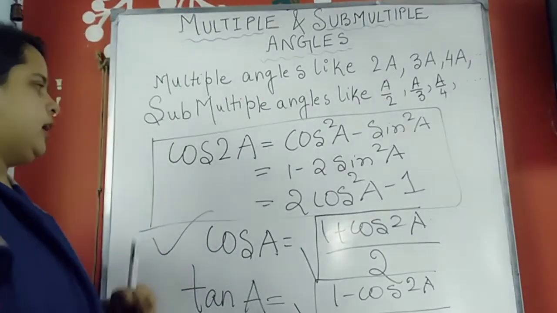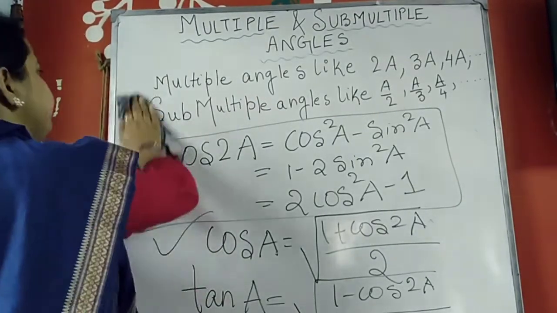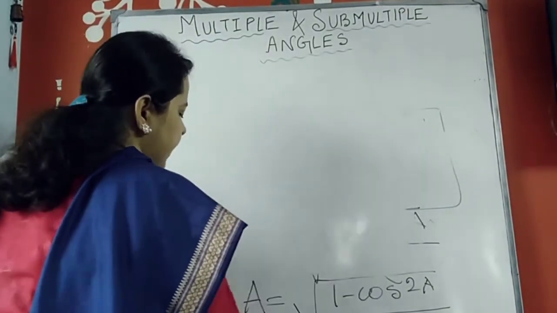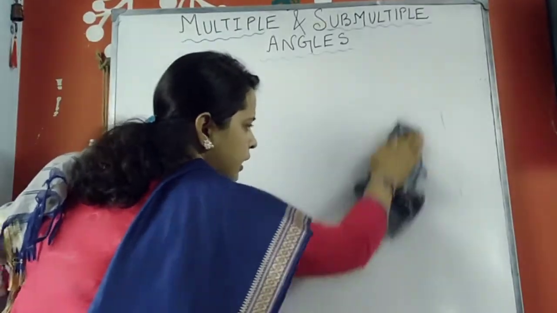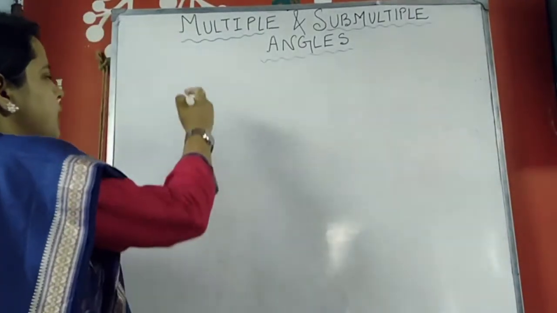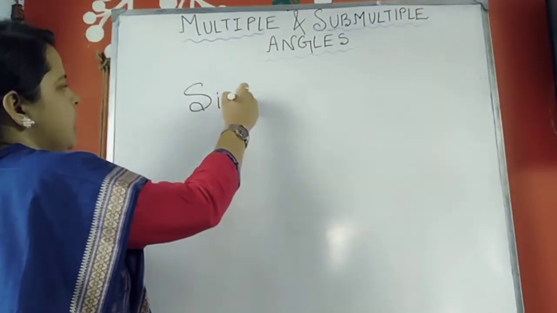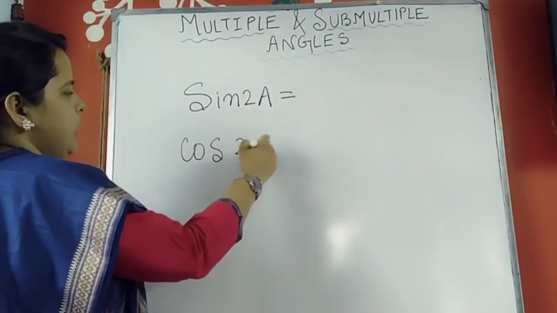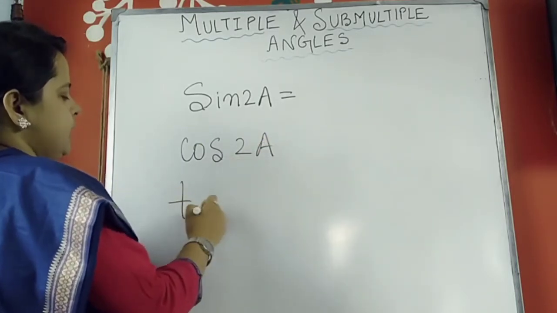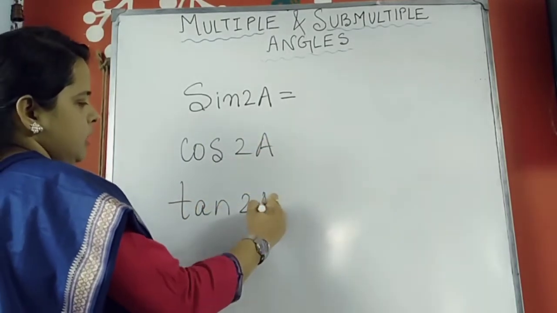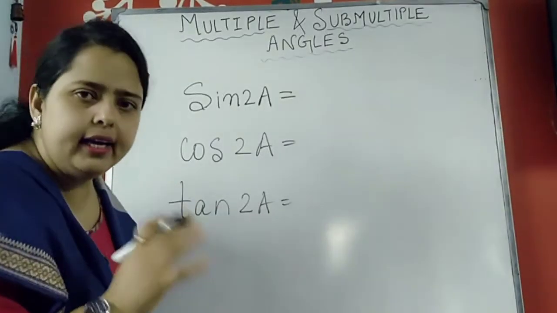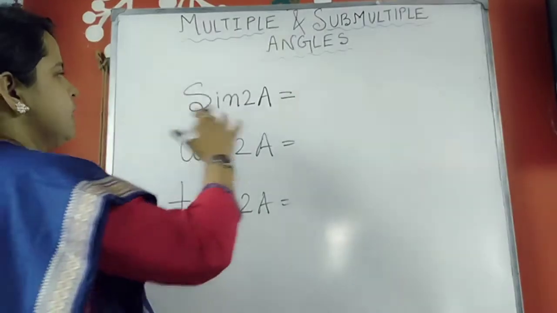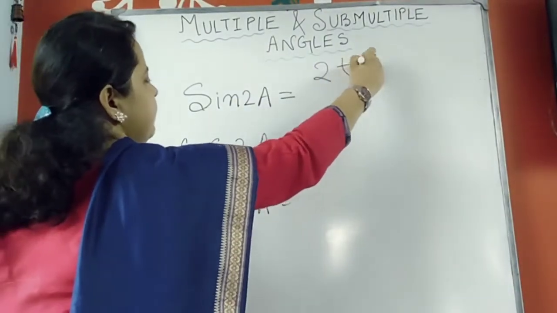Okay. Now moving forward with the formulas of the multiple angles, another set is very important. If you wish to write down sin 2A, cos 2A and tan 2A in terms of tan A, then just remember how it can be done.